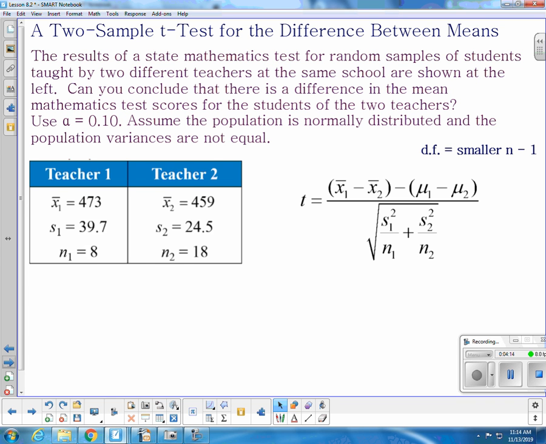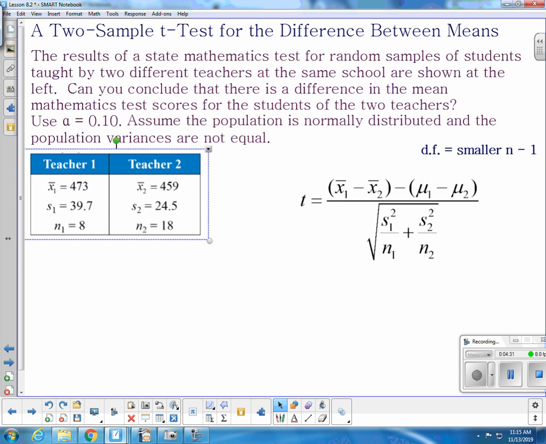So we're using this formula because the variances are not equal. And we're using this degree of freedom. Okay? Not equal, you pull these. So, first thing we're going to do is state our null. So the claim is, is there a difference?